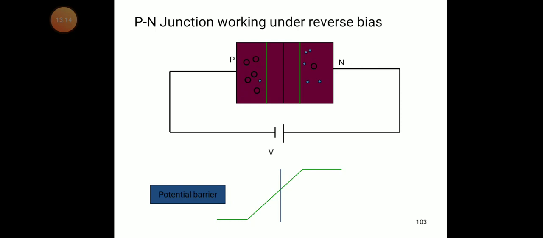So this connection is called a high resistance region, and it acts as an open circuit. You can see the operation of the PN junction working under the reverse bias condition.